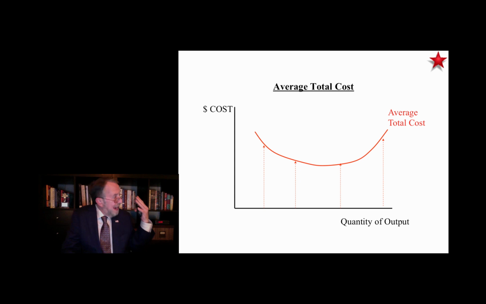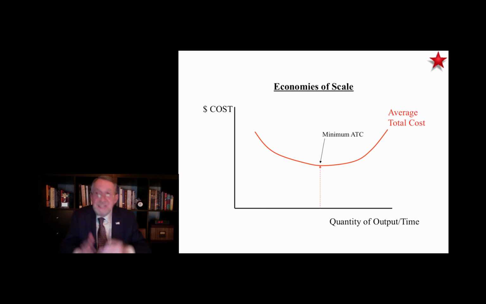In the range where the average cost is falling, that's the initial increasing rate of production. We define that as the range of what we call economies of scale. Economies of scale. And that's a good thing. That means that when the firm is enjoying economies of scale, as I increase the rate of production, average cost is falling.